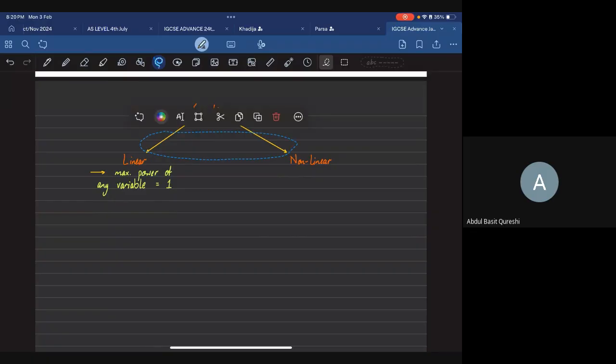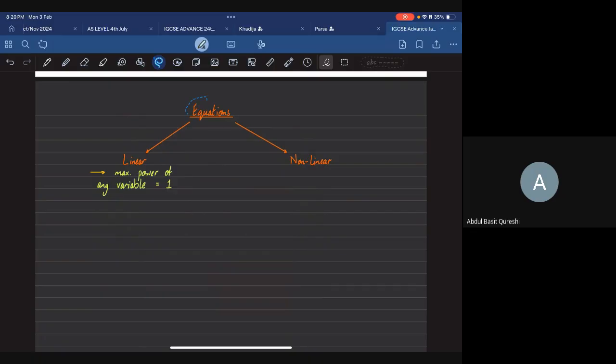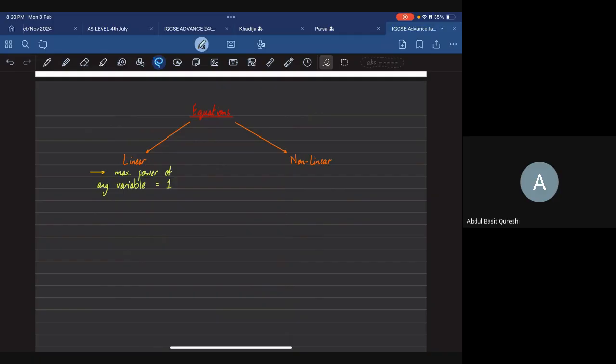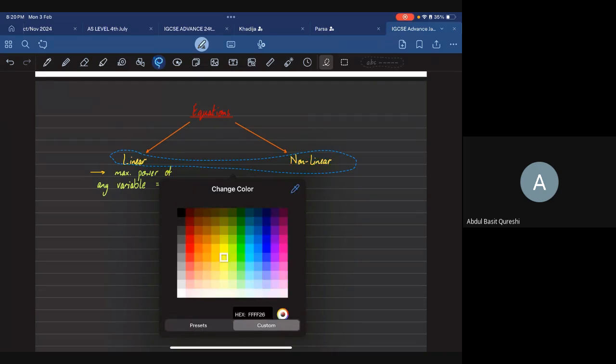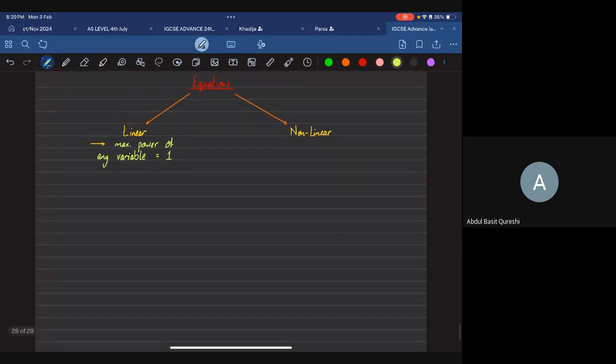Any other property that I might know of regarding equations? Yes, guys. Can anyone tell me any other property regarding equations? Come on, think. It's not that hard at all. Obviously, for example, for linear equations, they're always going to form a straight line on the graph.